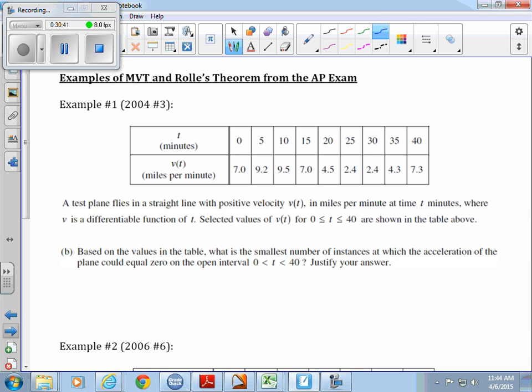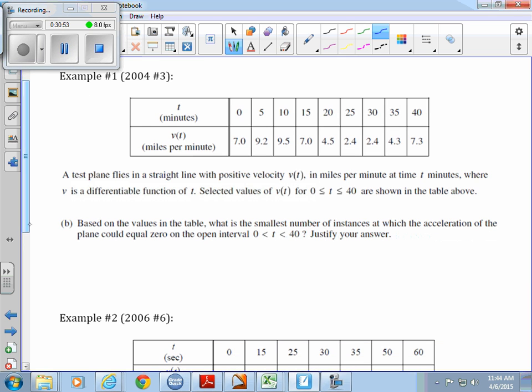Doesn't that sound like a slope of a slope? So if this is the first time you've ever heard that, acceleration is the derivative of velocity, or the rate of change of velocity. Write that down.